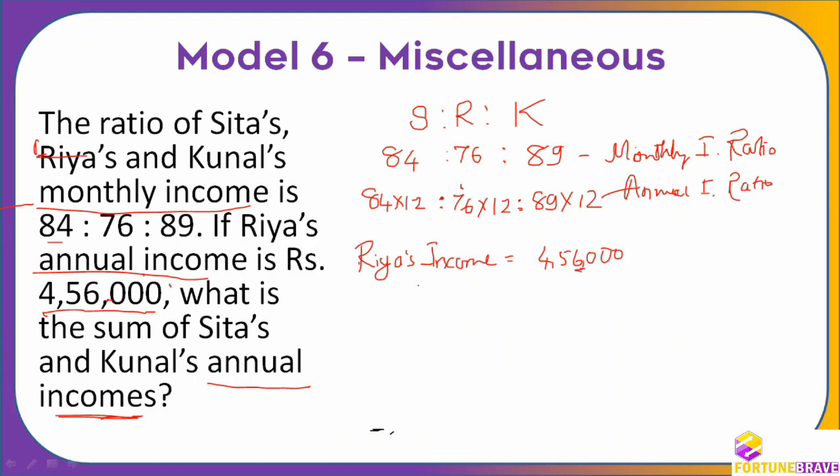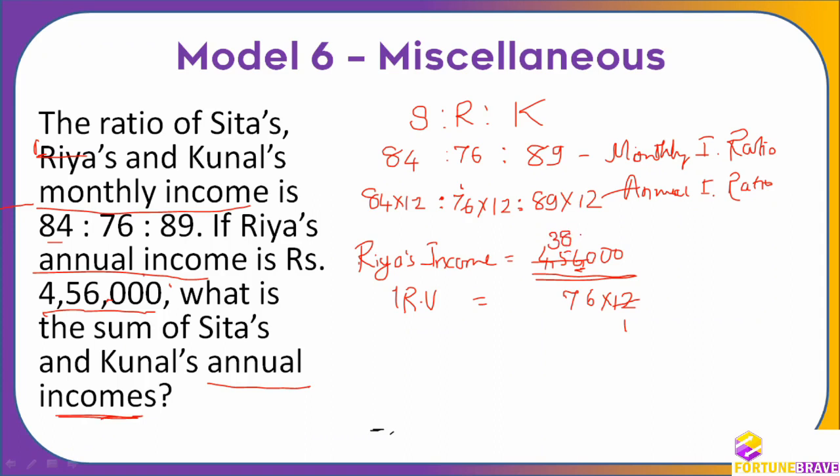So then one ratio value will be what? One ratio value, I'll divide this number. I'm not going to write it once again. You know it, 76 into 12. Is it divisible by 12? Only we'll see. 12 threes are 36 and 12 eights are 96. So this is divisible by 12. So first I'll divide it by 12. 12 ones are 12, threes are 36, 12 eights are 96.